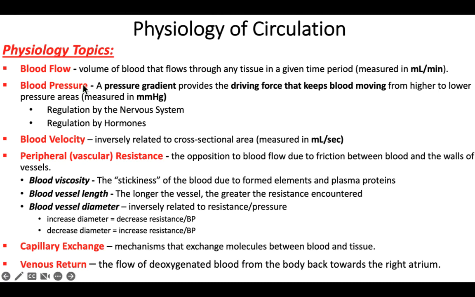The biggest concept we're going to learn in this chapter is blood pressure. Blood pressure is a pressure gradient. What that means is blood needs to move from where it's under a high pressure to where it's a lower pressure. So the heart produces the pressure, and as that blood flows away from the heart, that pressure is going to start to drop.